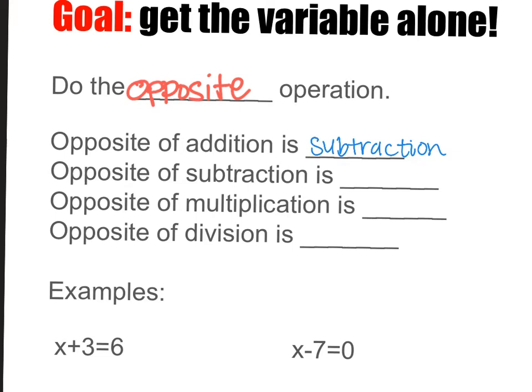The opposite of subtraction is then addition. Same thing, different order, right? And the opposite of multiplication is division. And the opposite of division, of separating, is multiplying, which is making more.